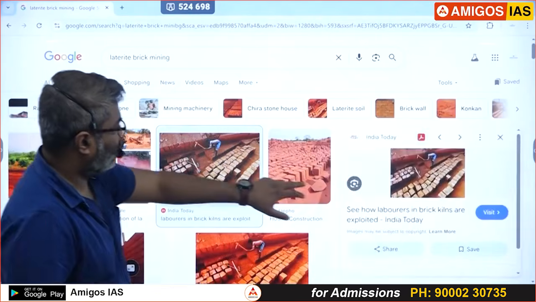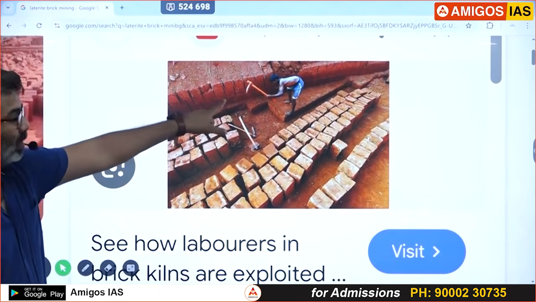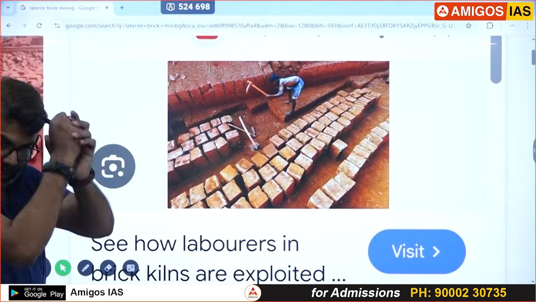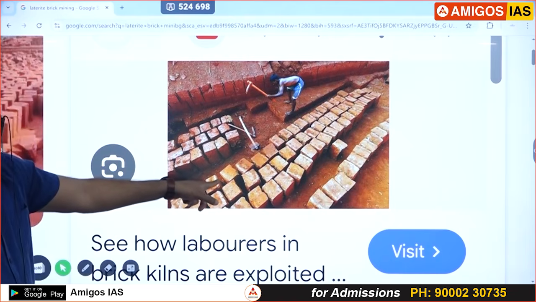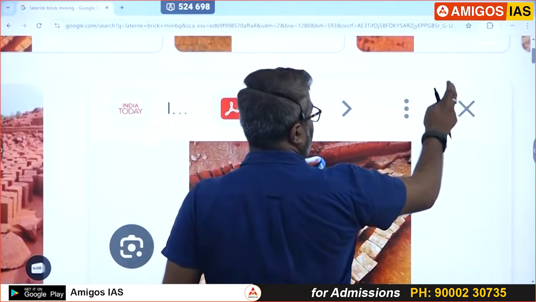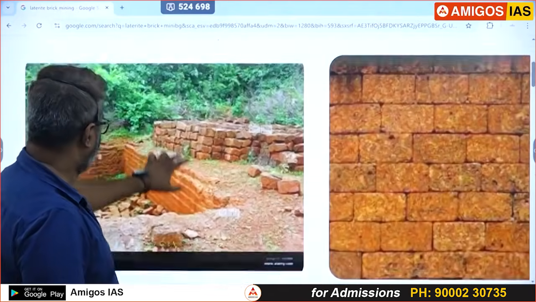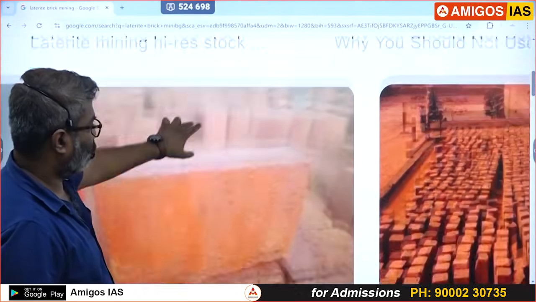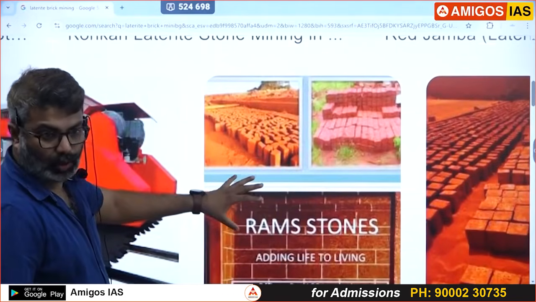See here, you can see this person cutting the rocks, separating them, to be used as bricks. Okay, it's a very popular rock used for construction.